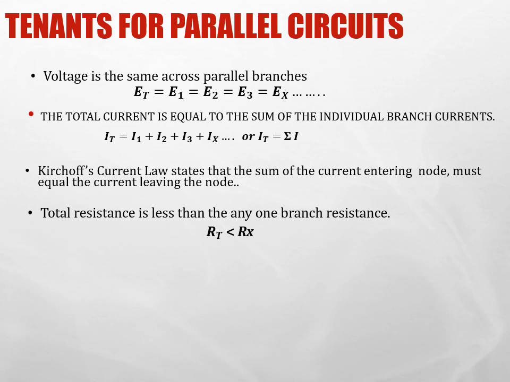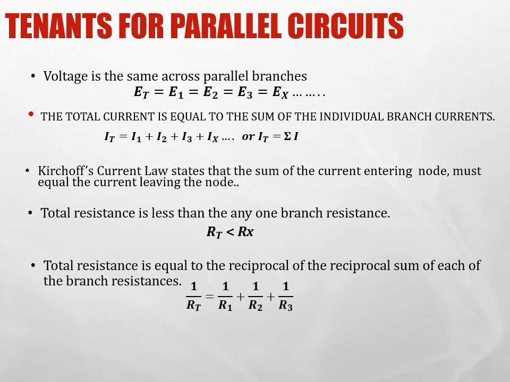Total resistance of the circuit must always be less than any one branch resistance in a purely parallel circuit. And that only applies to a purely parallel circuit, or parallel branches. We can calculate the equivalent resistance of parallel branches by using the reciprocal sum.